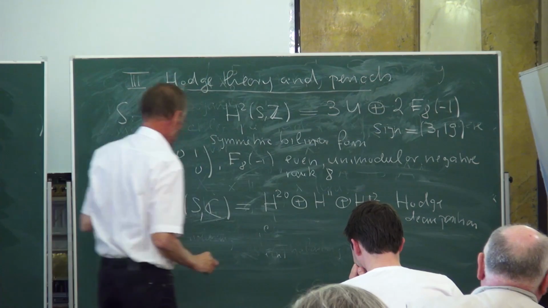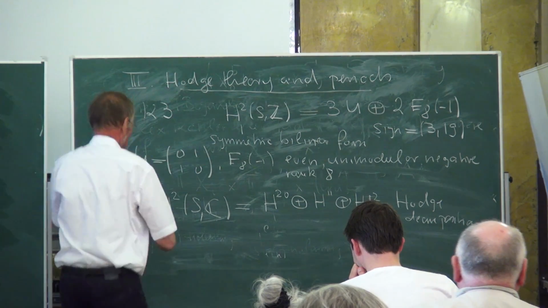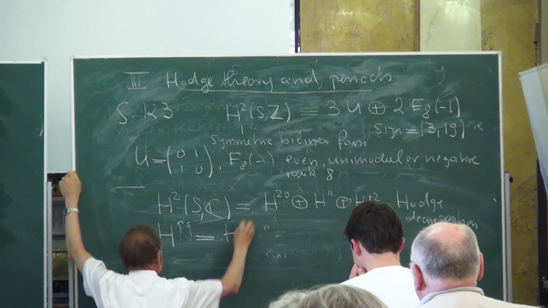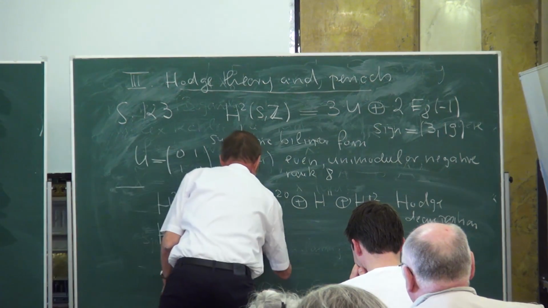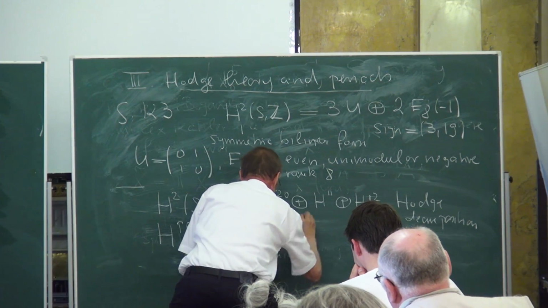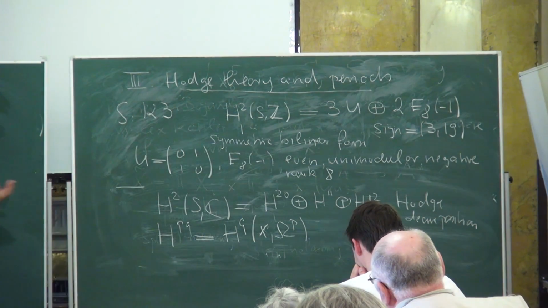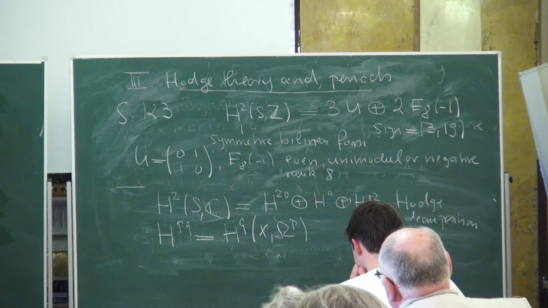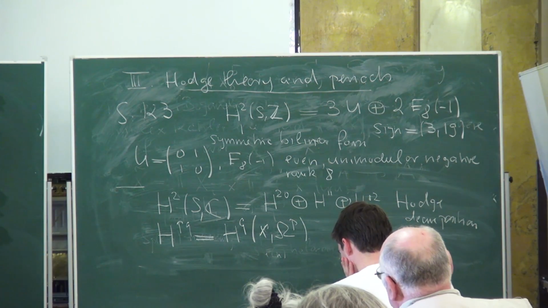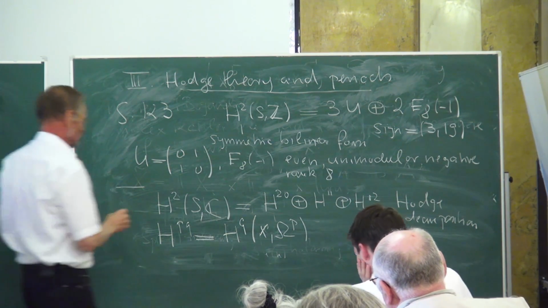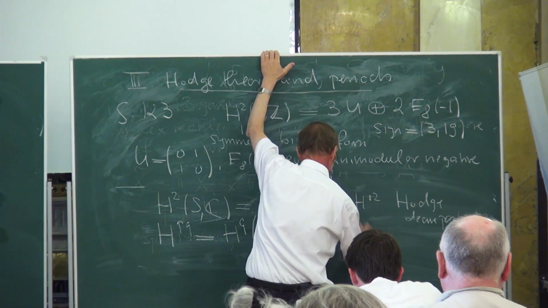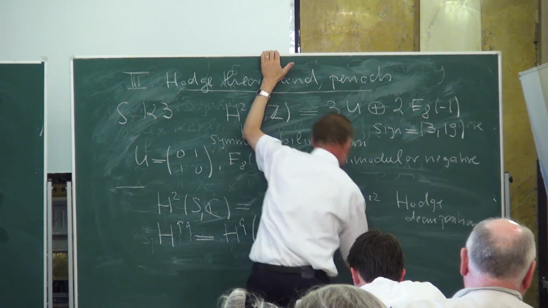And yeah, so what is H^{p,q}? And that is much more general. This is the H^q cohomology of X with values in Omega^p. So if you think in terms of de Rham or Dolbeault, this is the cohomology which comes from p times holomorphic and q times antiholomorphic forms. And then, as always, H^{p,q} is complex conjugate to H^{q,p}.